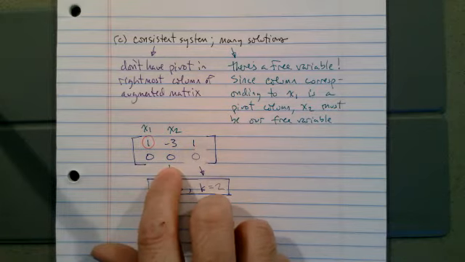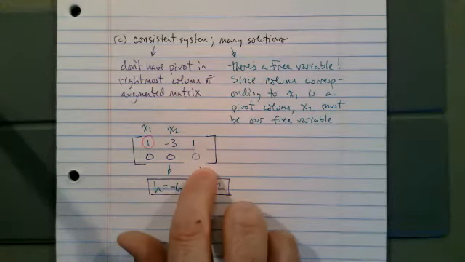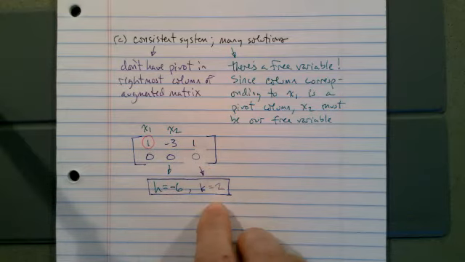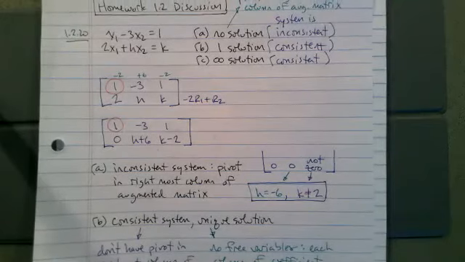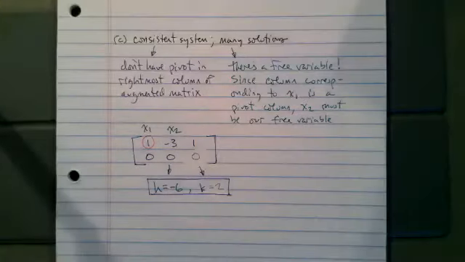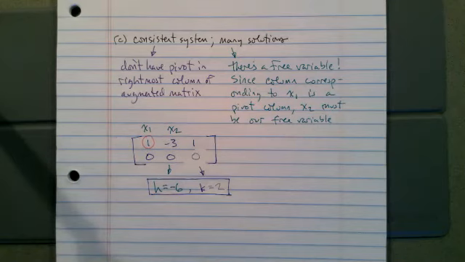That puts a 0 there. But since we want a consistent system, we don't want to pivot in the rightmost column of this augmented matrix, and that forces k to equal 2. The problem was I looked over at the numbers and just wrote what I wrote before again, because the human brain is a terribly lazy place. Any questions?